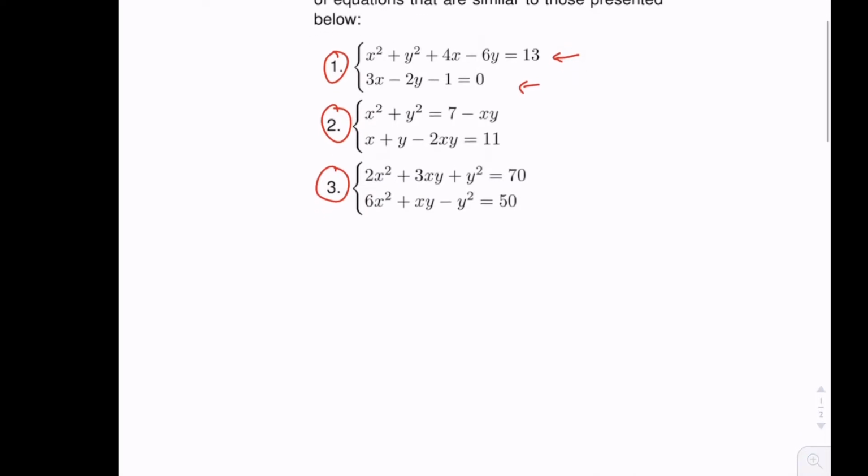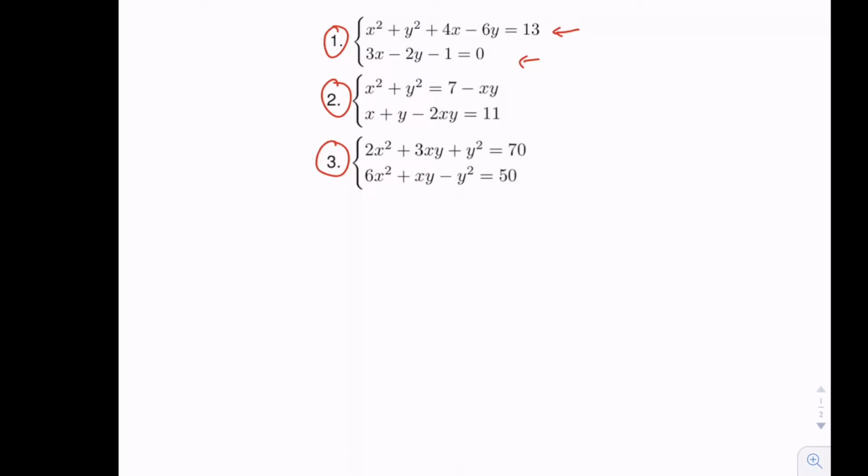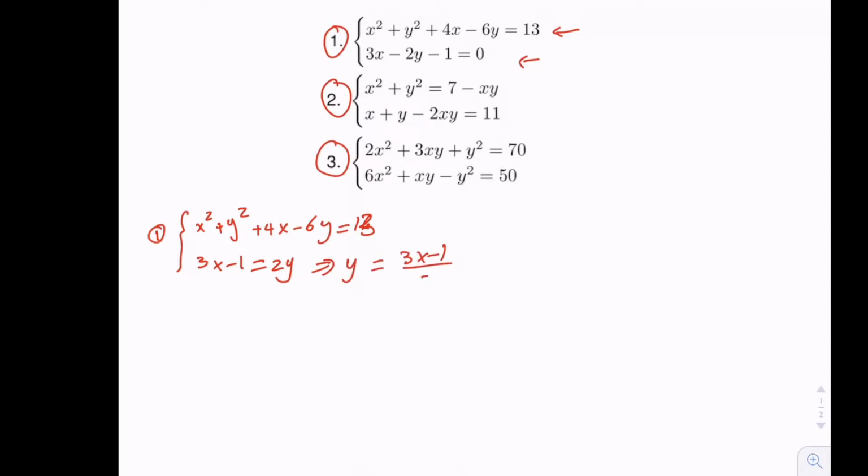So in order to solve it, let me just rewrite the equation. This is equation 1. We have x squared plus y squared plus 4x minus 6y is 13. And we can rewrite the second equation: if I move y to the other side, it will be 3x minus 1 is 2y, and therefore y will be (3x minus 1) over 2.